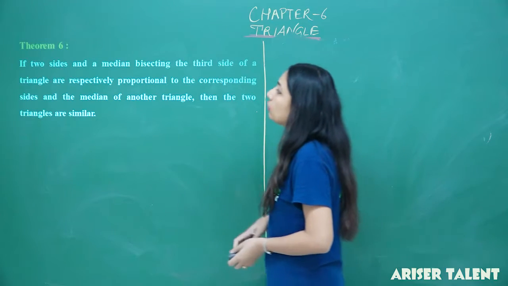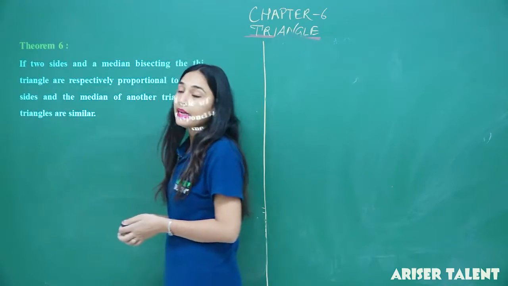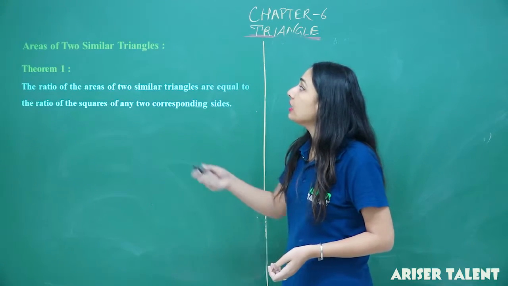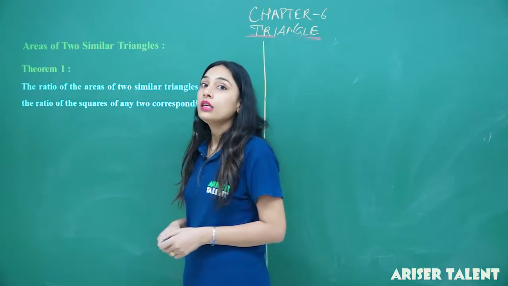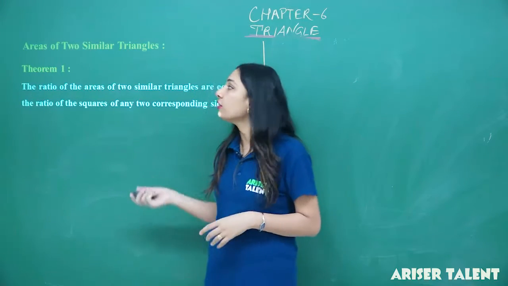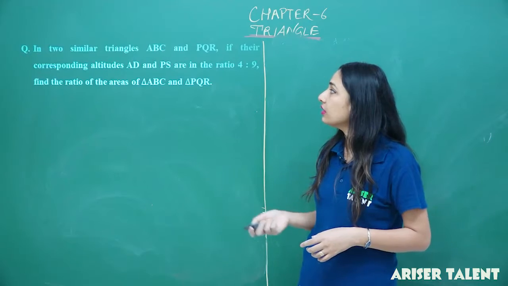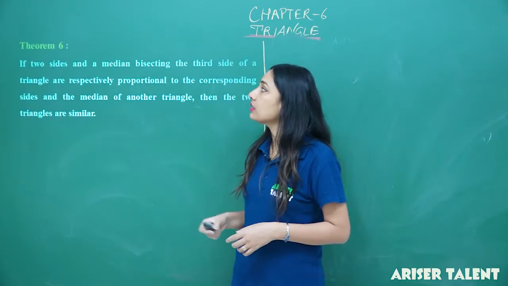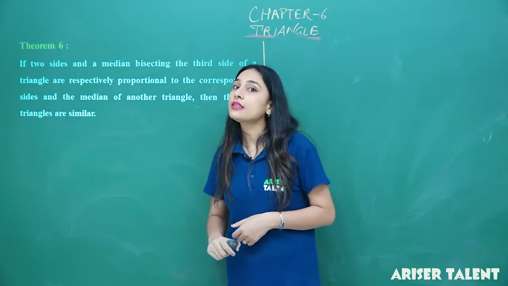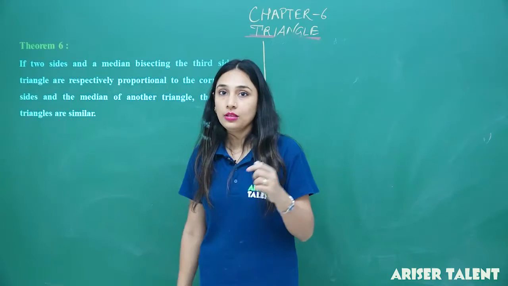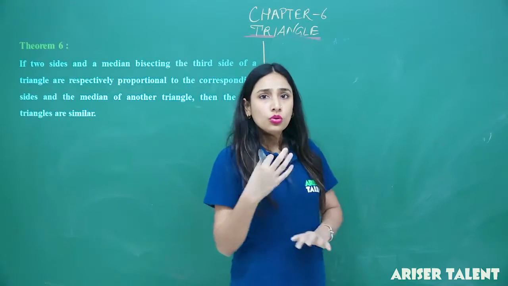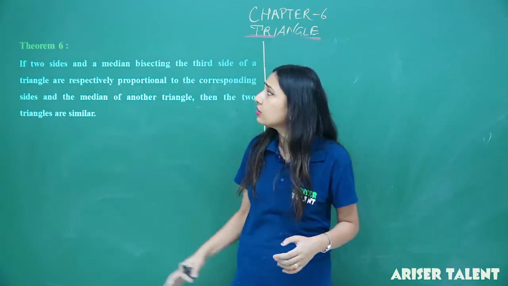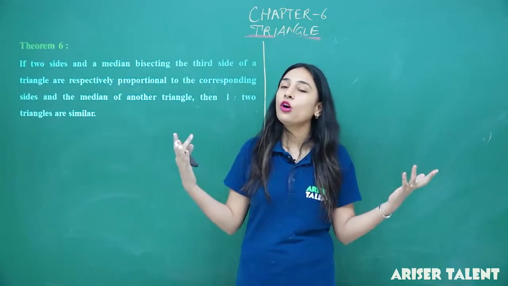Okay students, so we are having this next theorem, and after that we will be having some theorems on similar triangles and the area of similar triangles. We will be discussing these two theorems, and this Theorem 6, in our next lecture. Okay students, then try to solve this theorem and keep watching. Thank you.